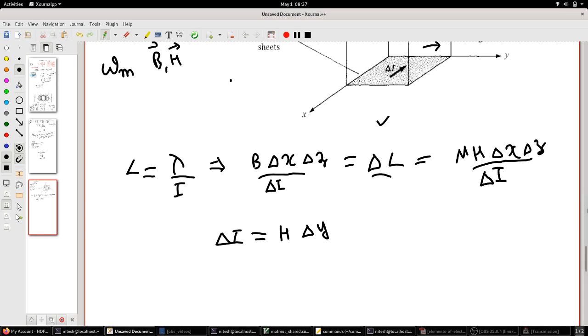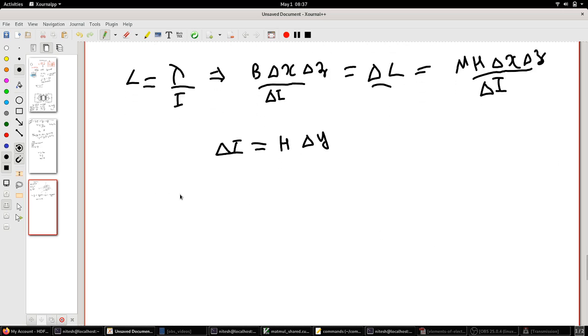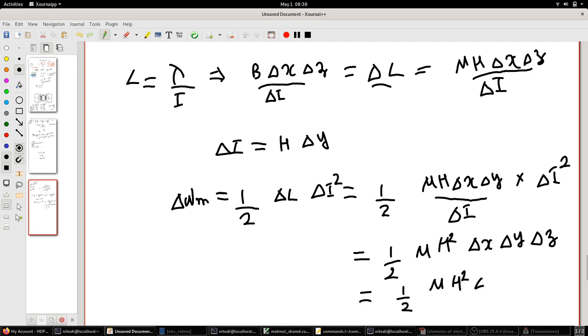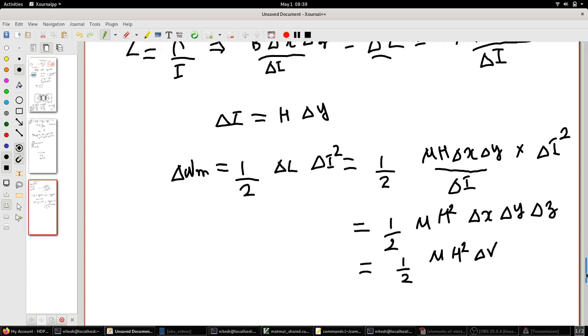Now if I plug this in, delta Wm, the magnetostatic energy in the small volume delta V, will be equal to half into mu H square delta x delta y delta z, which is delta V. This is the expression for delta Wm.